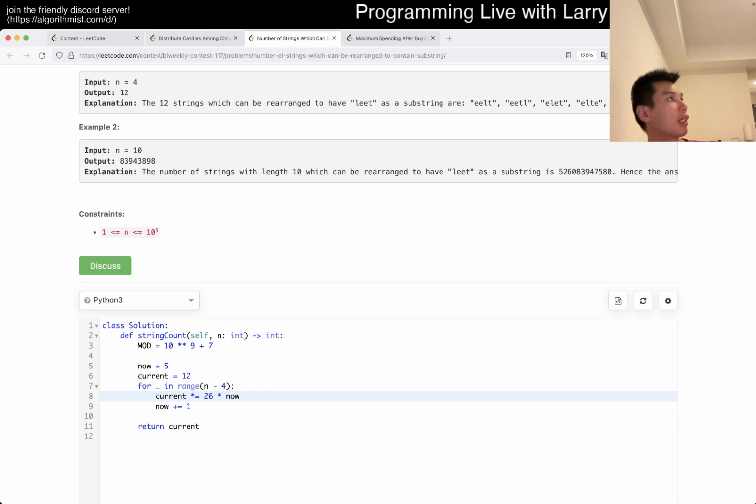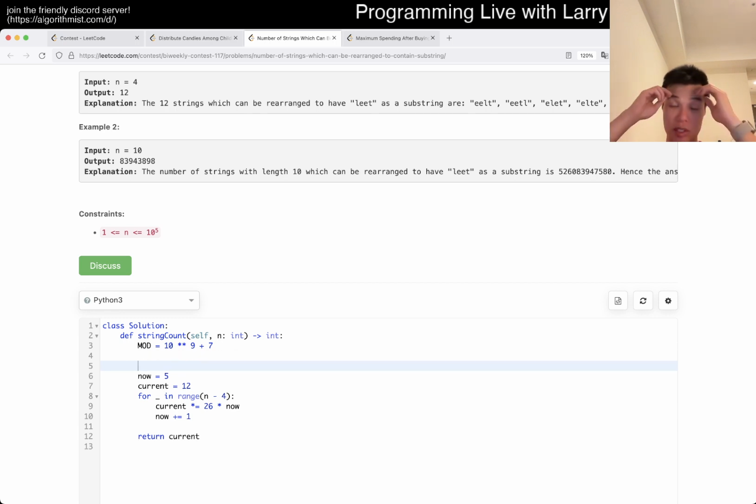Maybe the other way to think about it is, okay, we have 26 characters, 26 to the n minus 4, and then now we put in the 4 characters. Maybe that's a better way of doing it. So power of 26 n minus 4. Remember to mod, made that mistake before.